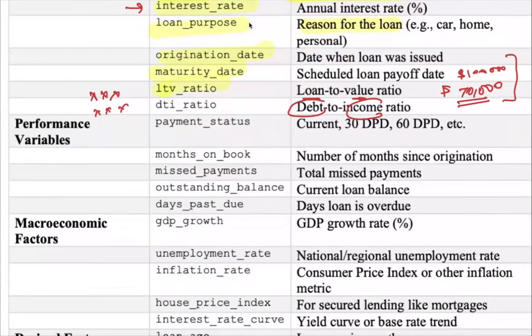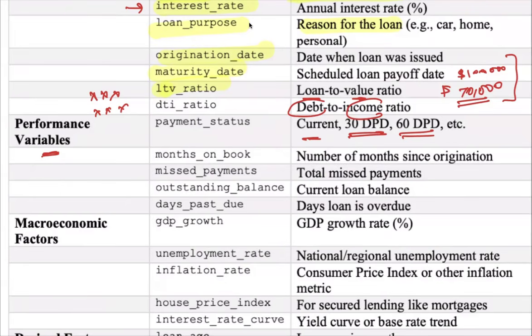Then there are certain performance variables, which is current, which is if your loan is current, 30 DPD, 60 DPD. Are you aware about what is DPD? Okay. So what is 30 DPD?